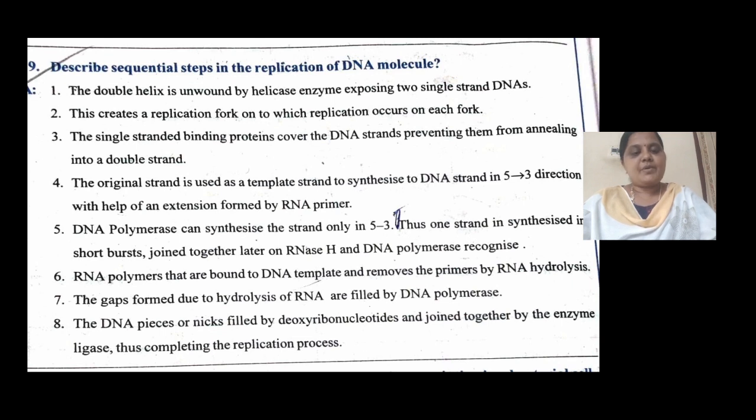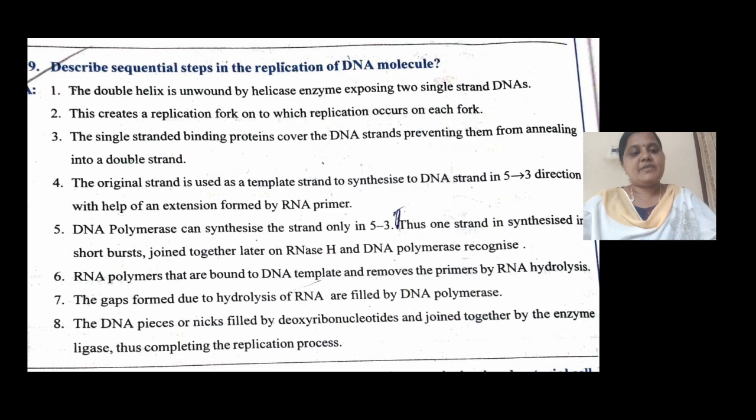The RNase binds to the DNA template and removes the primers by RNA hydrolysis. The gaps formed due to hydrolysis of RNA are filled by DNA polymerase. These DNA pieces are filled by deoxyribonucleotides and joined together by the enzyme ligase, thus completing the replication process. So these are the sequential steps in the replication of the DNA molecule.